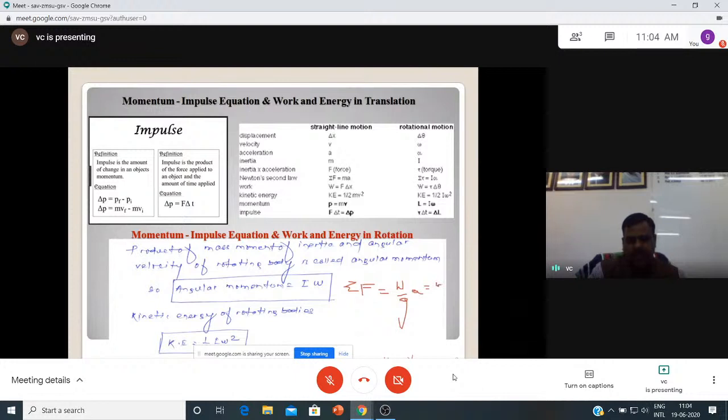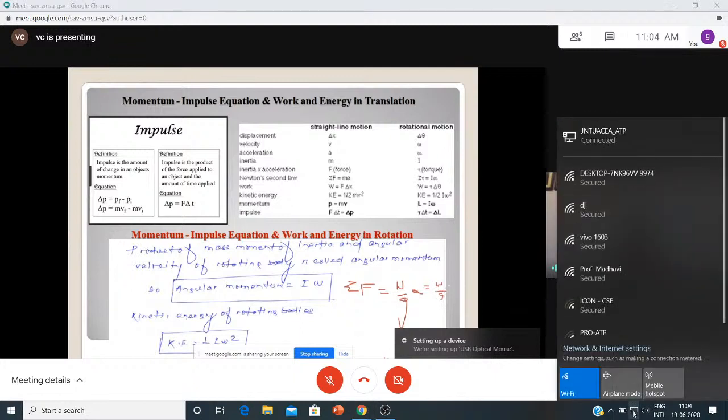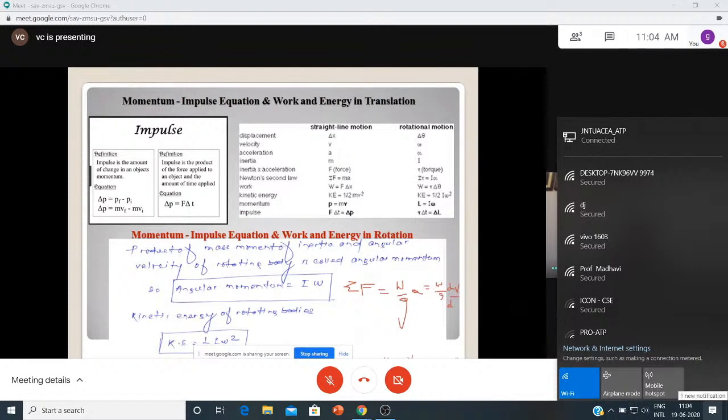Let us say mass is constant. Acceleration I am writing as dV by dt. So this is what we are representing.